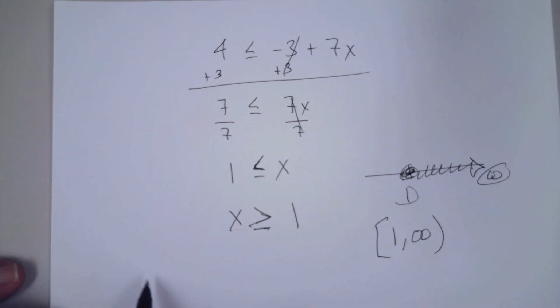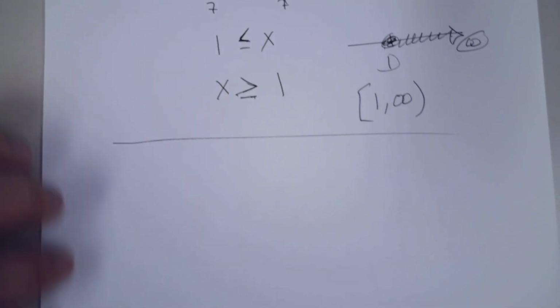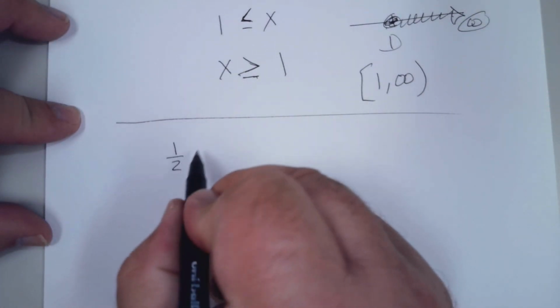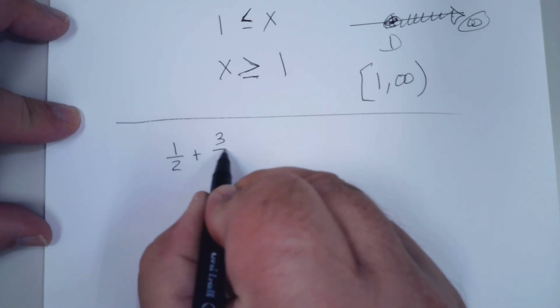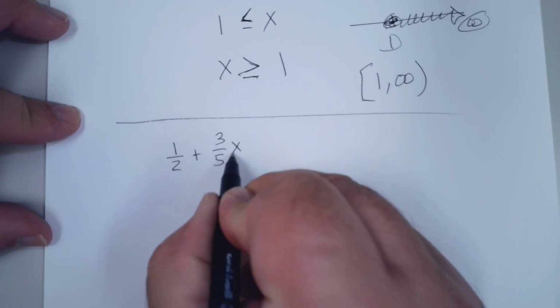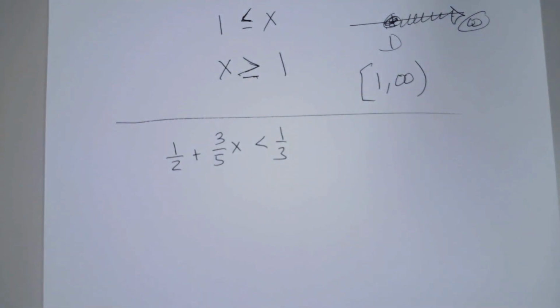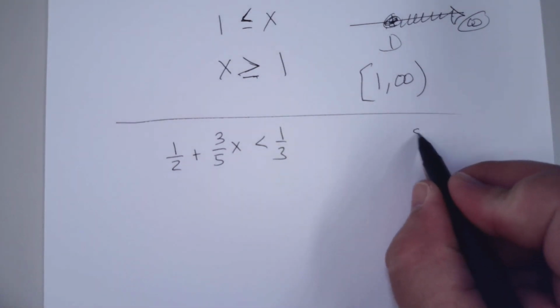Alright, let's try some fractions, because we know we love them so much. Again, you treat them the same way, the same rule we talked about earlier. Whenever you have fractions in an equal sign, there are 5 steps.